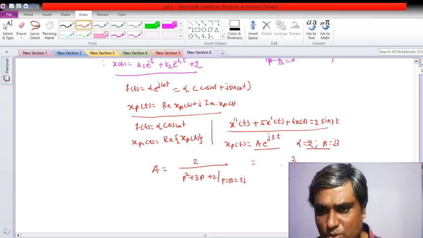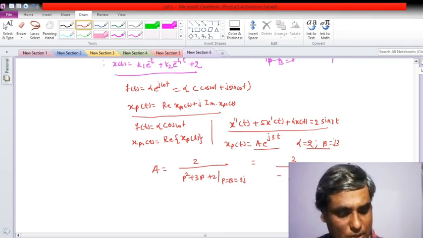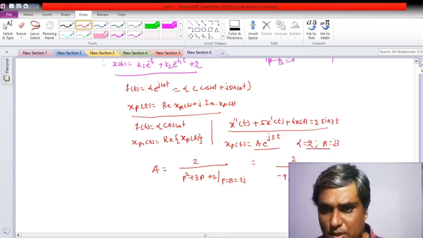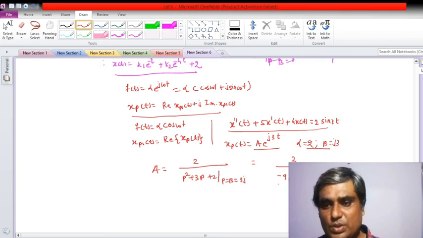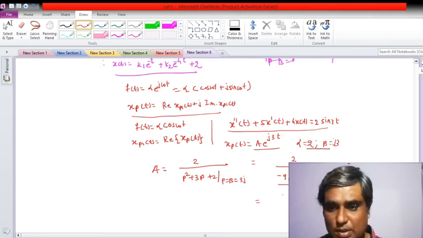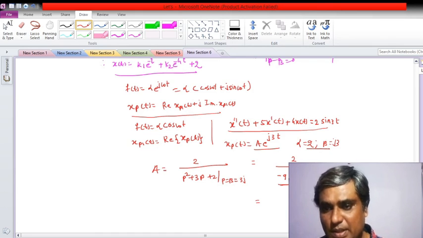It looks like 2 minus 9 plus 15j plus 2. Whatever it is, you get the real and imaginary parts here.